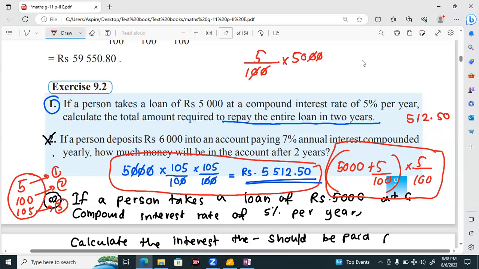It is 250. Then if you subtract 250 from 512.50 cents, the answer is 262.50.